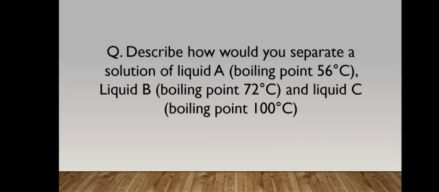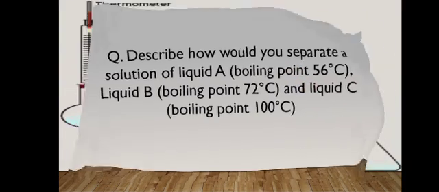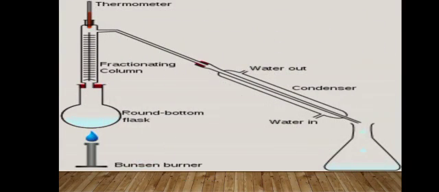Likewise, at 100 degrees Celsius, I will obtain liquid C. I will continue heating that mixture of liquid which ultimately contains only liquid C, because I have already extracted liquid A and liquid B. Whenever this thermometer shows 100 degrees Celsius, I will obtain the steam which condenses and converts into liquid C. In this way, we have separated liquid A, liquid B and liquid C from the mixture of the liquid.